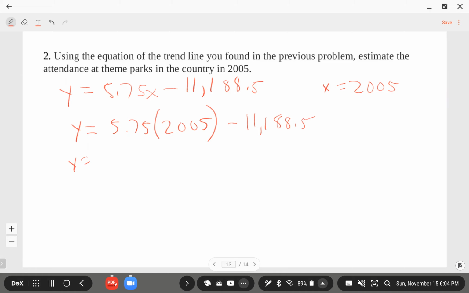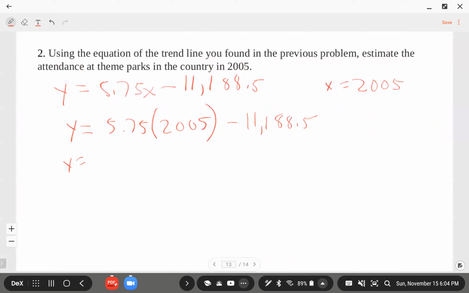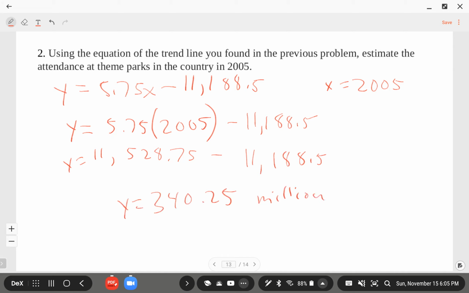So 5.75 times 2005 is going to be 11,528.75, minus 11,188.5. So we get y equals 340.25 million. So that is how we do it.